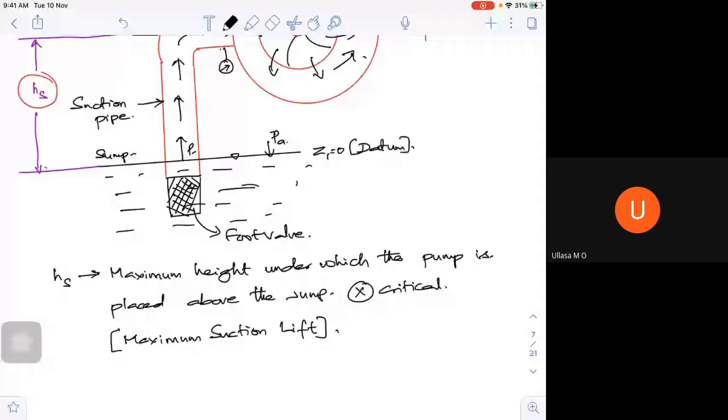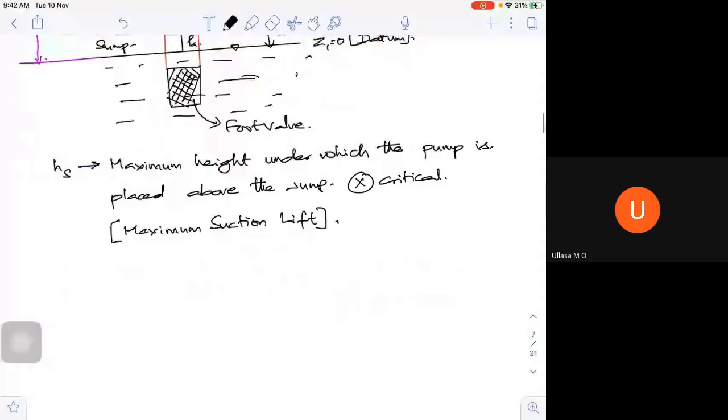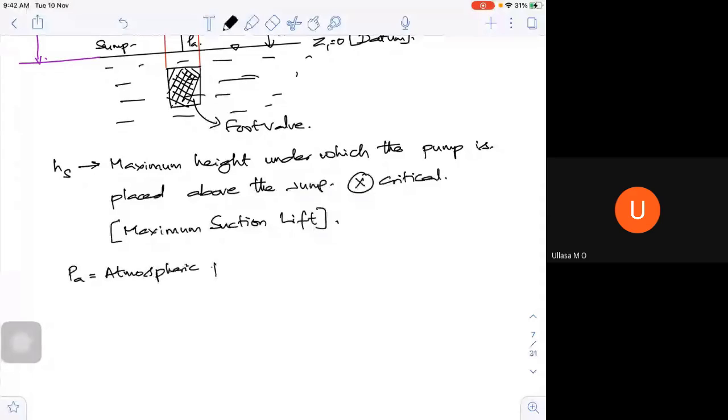If I call PA the atmospheric pressure, what is your atmospheric head? HA is equal to PA by rho G. This is your atmospheric head.